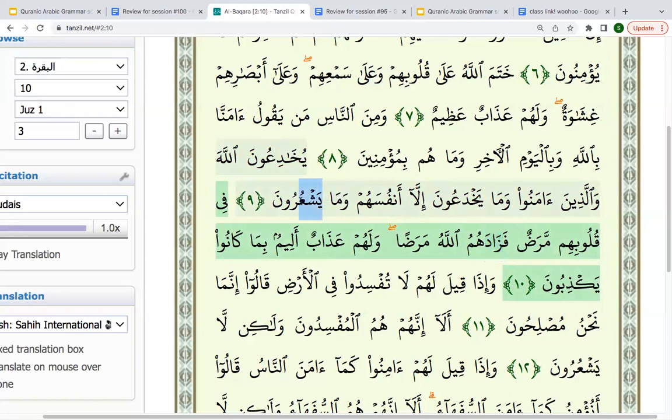My dear sister, why should it not be mujarrad? If you think of it as sha'ara yash'uru, do you see any added letter in yash'uru? Do you see alamatul mudari with dhamma?